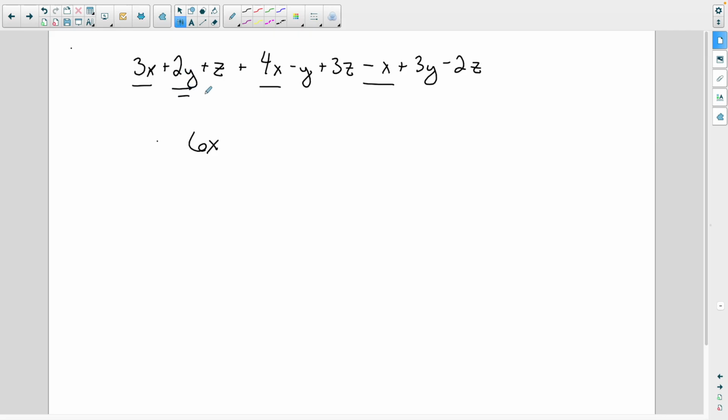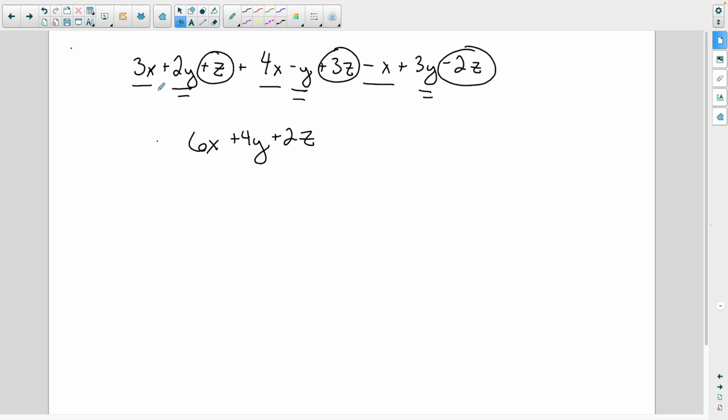I'm going to double underline my y's. 2y minus y, which just gives me 1, plus 3y. And then my z, I'll do a circle. Z plus 3z, which is 4z, minus 2, so 4 minus 2 is 2, and so we have 2z.